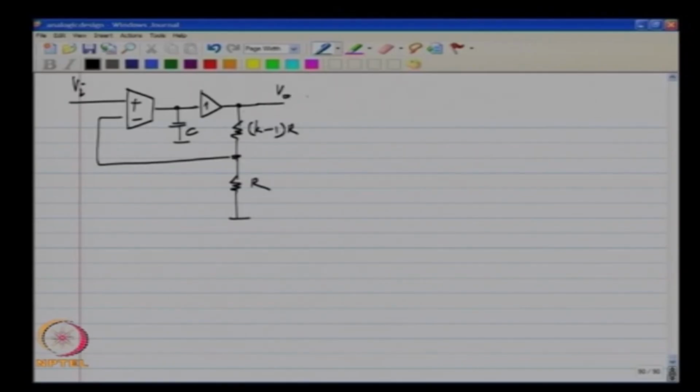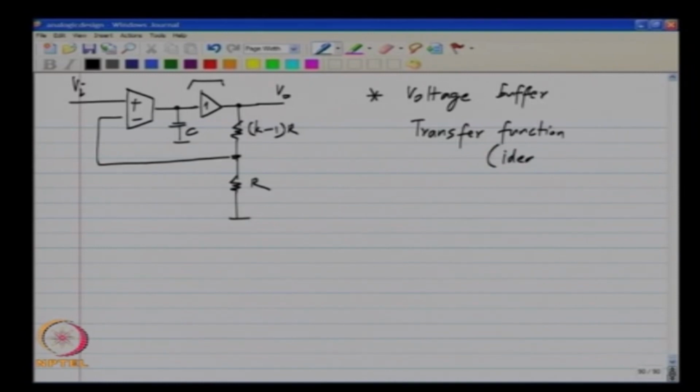So, first of all, we have the voltage buffer, and ideally the transfer function of this is 1, and in reality it could have some poles and zeros.